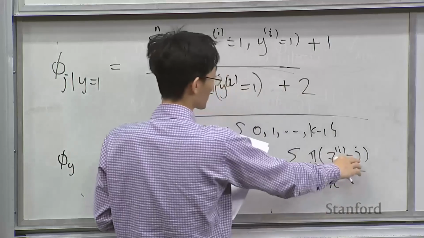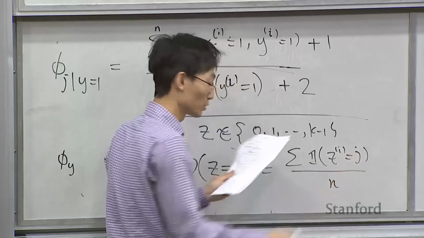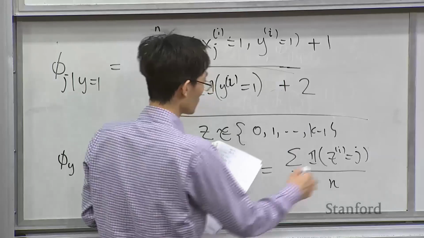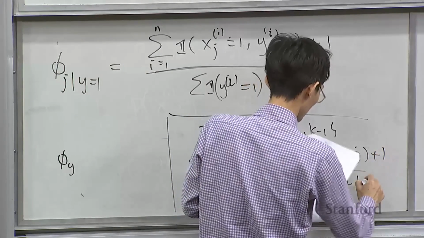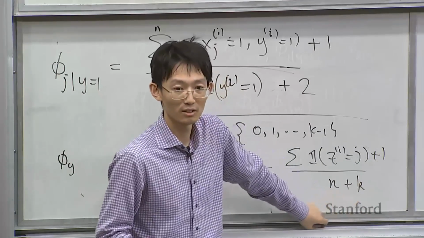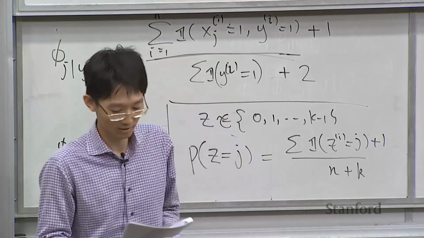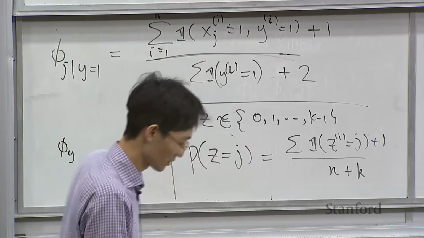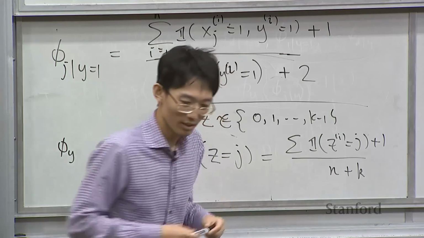So you count how many examples end up with the choice j, and you divide by the total number of examples. And if you use Laplace smoothing, you add 1 to the top, and you add k to the bottom, where k is the number of choices. So this is just a small extension of Laplace smoothing. I don't think this course will use it again, but just for your interest.